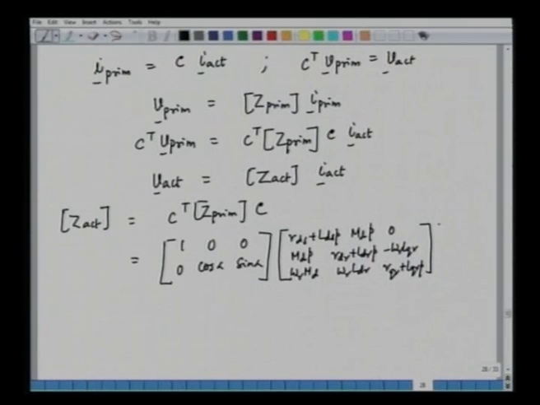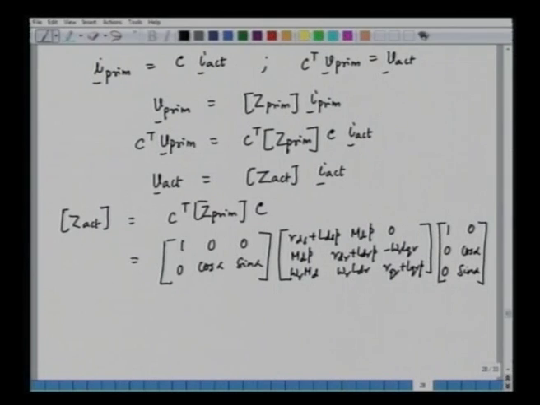And then we can post multiply with C, that is 1 0 0 cos alpha 0 sin alpha. So, this is what is Z actual.